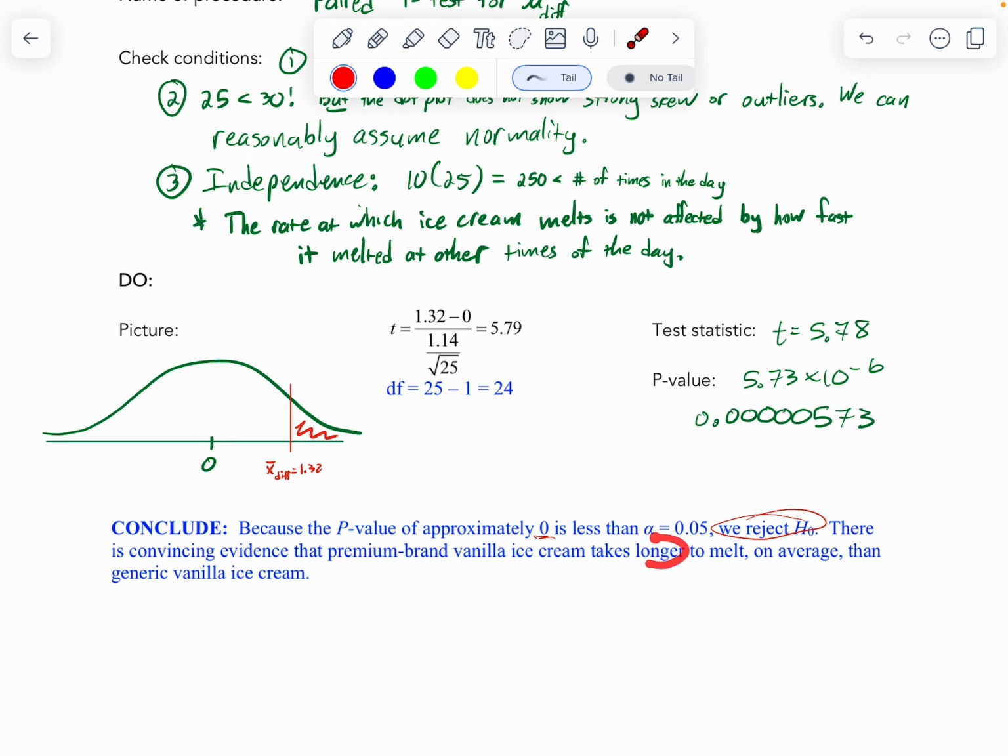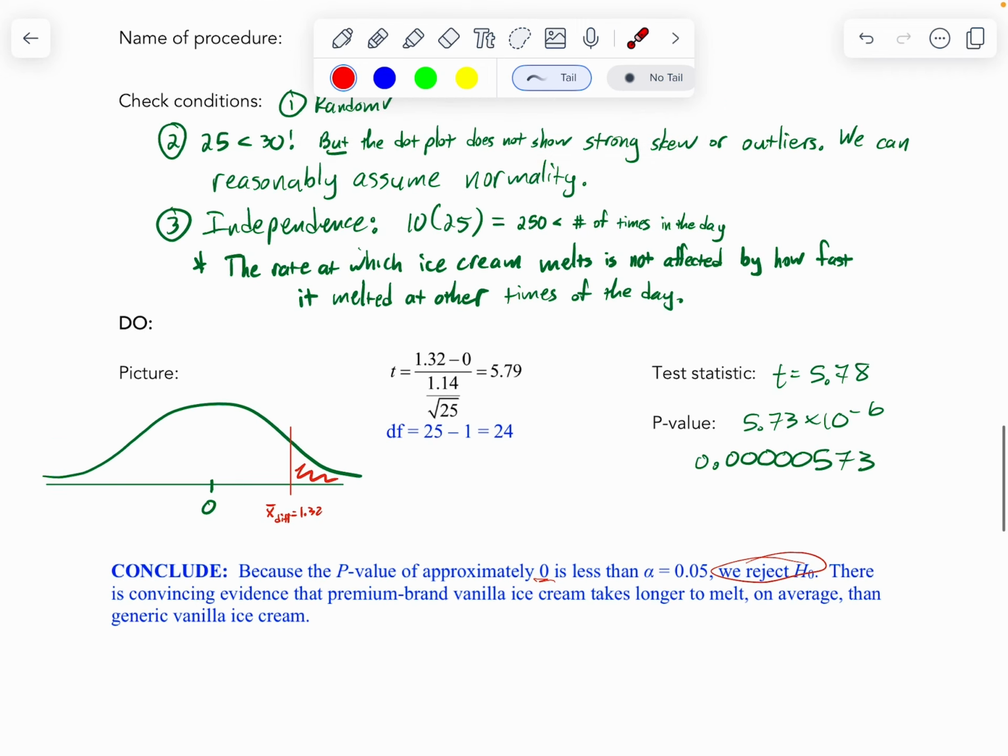It takes longer for the premium ice cream to melt than the generic ice cream is another way to say that. Sorry, it's late. I kind of stumbled over that last part.